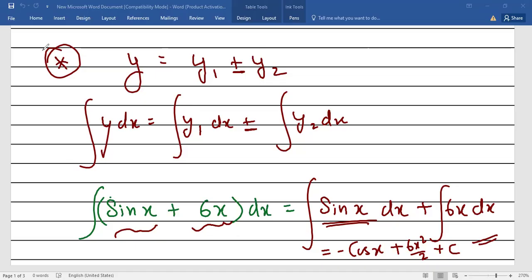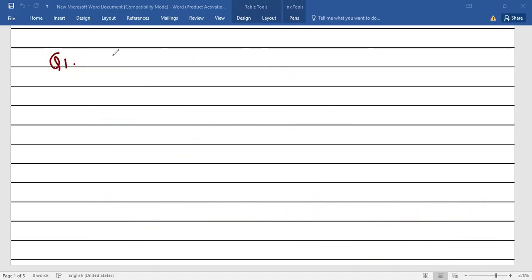So tell me this answer. Question number 1, integration of sine x plus 2 cos x dx. Can you try to do it? Can you tell me?